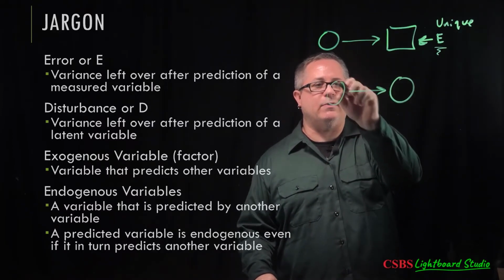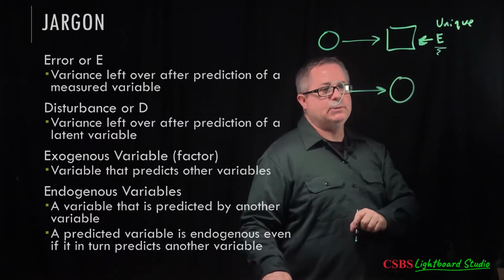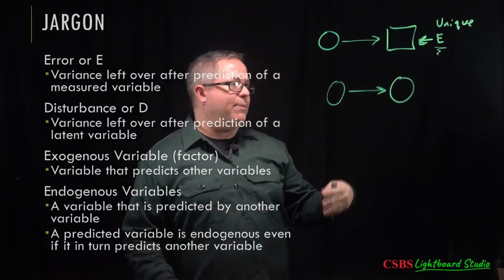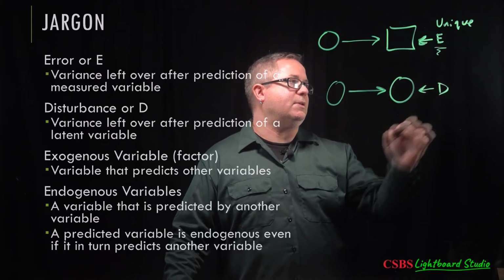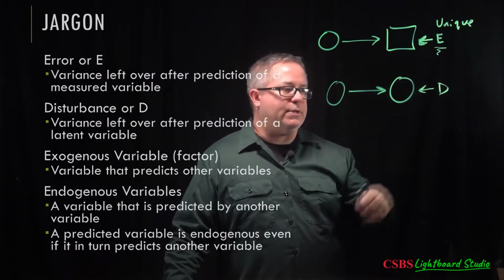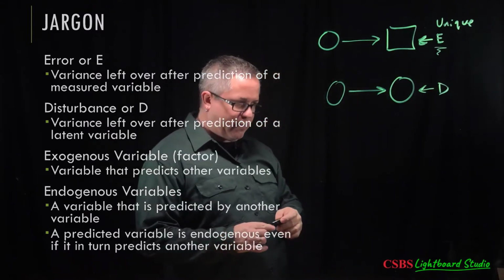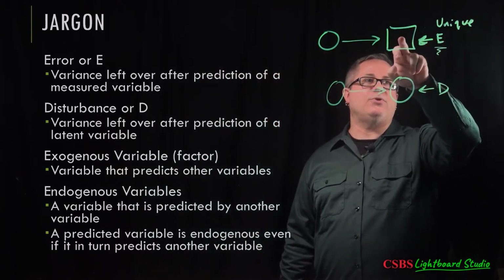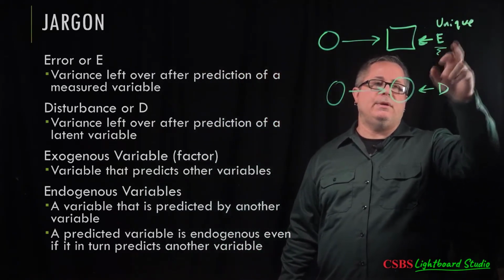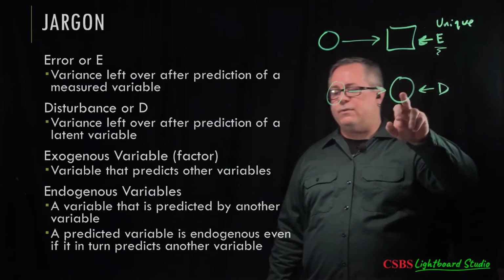Doesn't matter what it is, say it's another factor. It's the same thing, just we call it a D instead of an E. It's D for disturbance instead of E for error. That's just to separate out that this is the error left over when a measured variable is predicted, and this is the error left over after a latent variable is predicted.